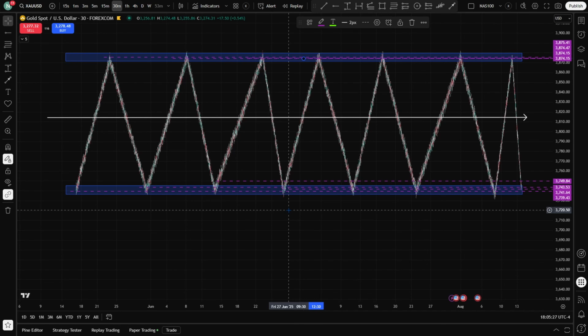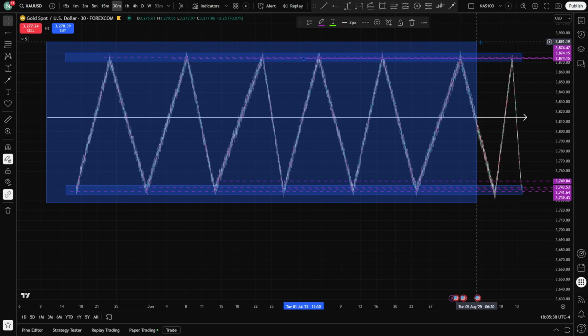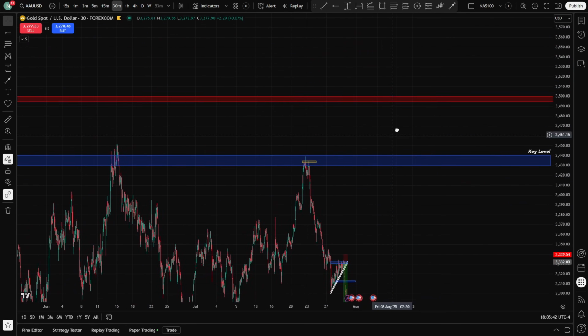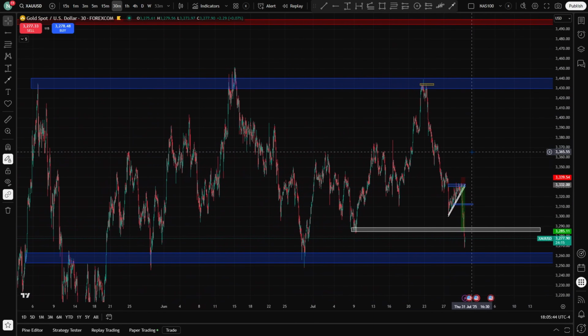When we're hitting support and resistance areas, we don't want to just buy and sell at those areas. We need confirmation. That's where Japanese candlesticks are going to come into play. All right, so let's go back to our candlesticks and let's see how we can draw our support and resistance areas.